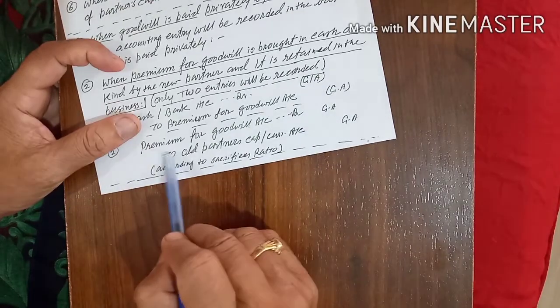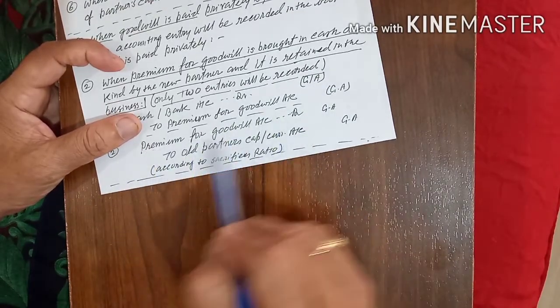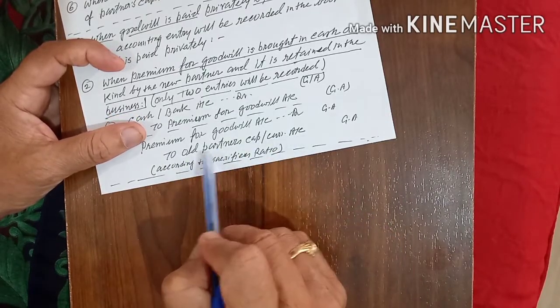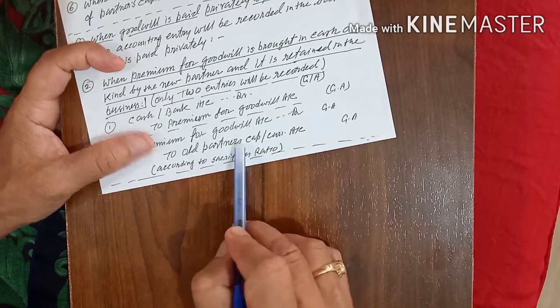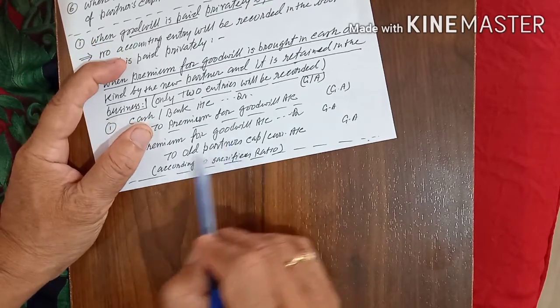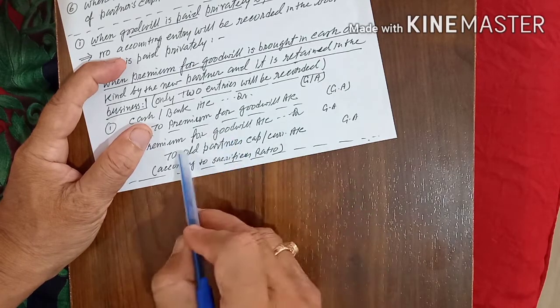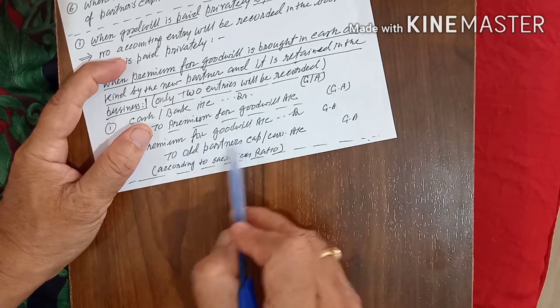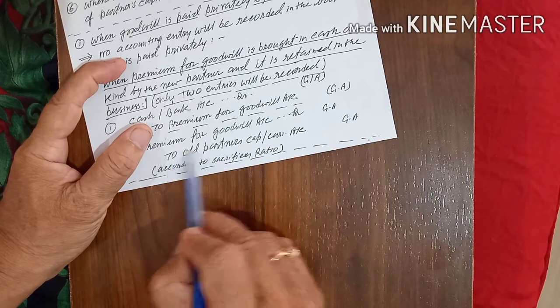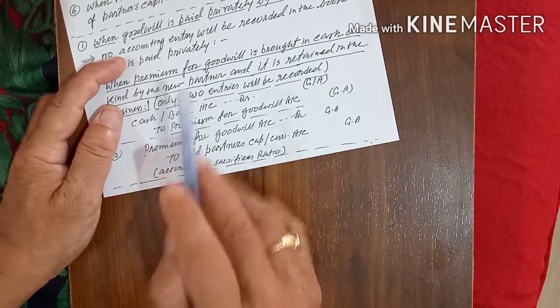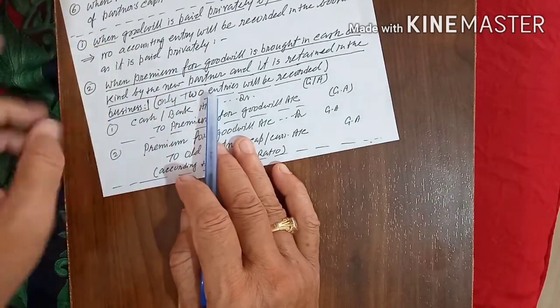And the second journal is premium for goodwill account debit to old partners' capital account or current account. Here I wrote old partners; I have not written Mr. A's capital, Mr. B's capital, or Mr. C's capital. If two persons are there, it will be A's capital, B's capital. If three are there, A's capital, B's capital, C's capital. So in these steps how many journals do you pass? Two.